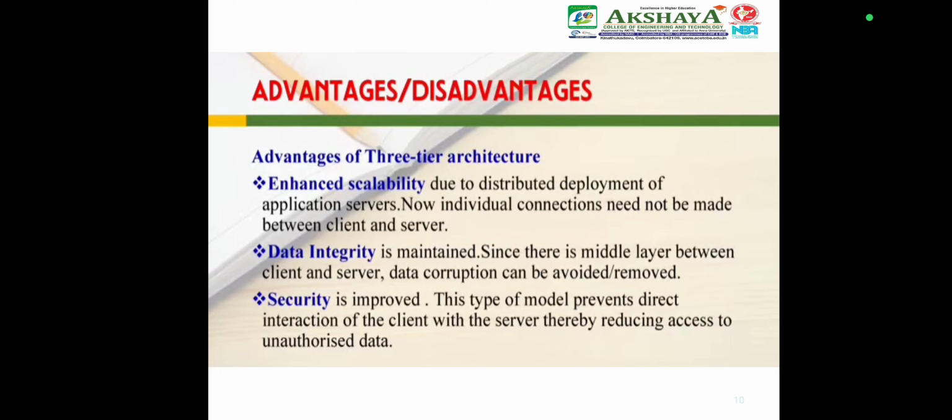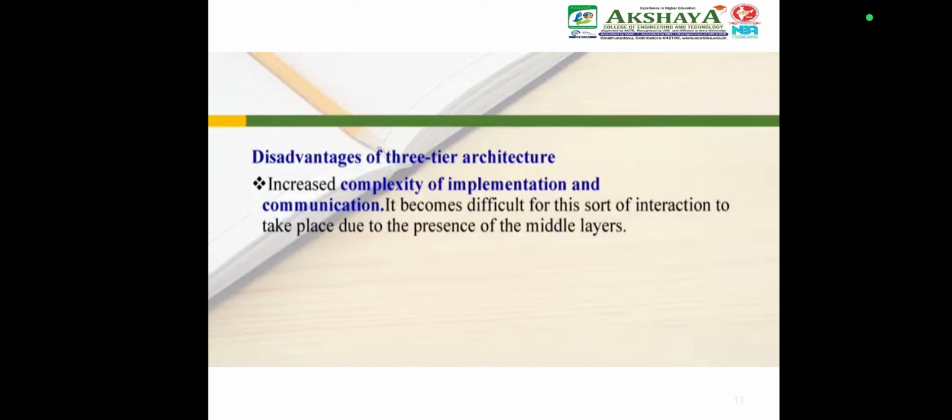This type of model prevents direct interaction of the client with the server, thereby reducing access to unauthorized data. Disadvantages of three-tier architecture: increased complexity of implementation and communication. It becomes difficult for the sort of interaction to take place due to the presence of the middle layer.